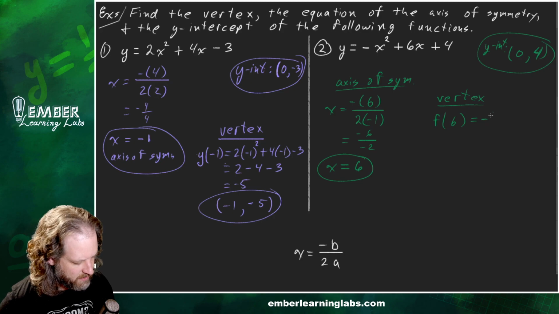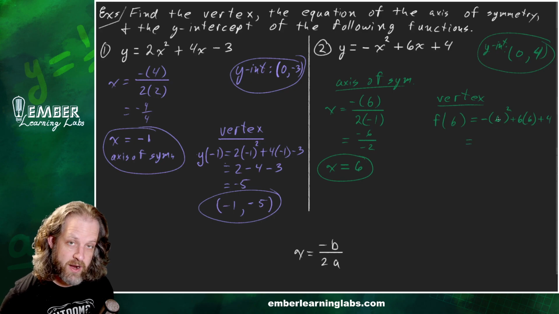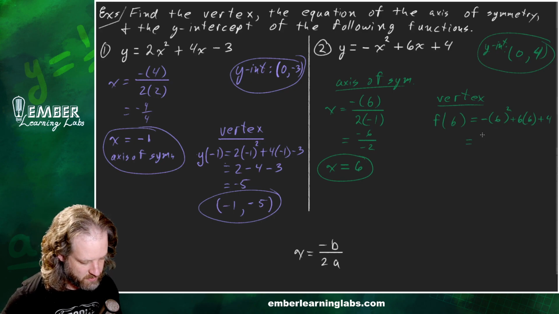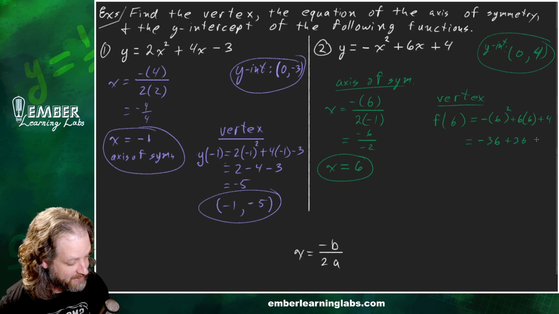So negative 3 squared plus 6 times 3 plus 4 equals negative 9 plus 18 plus 4. That's nice, right?